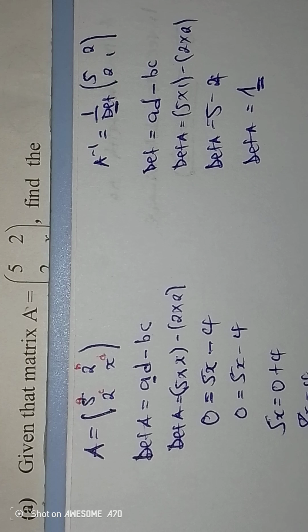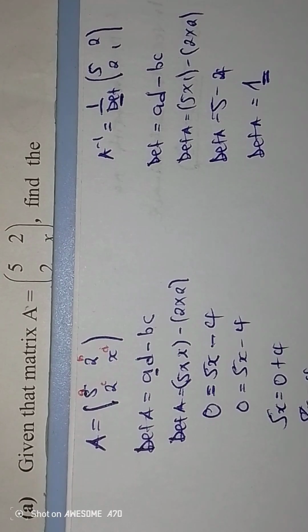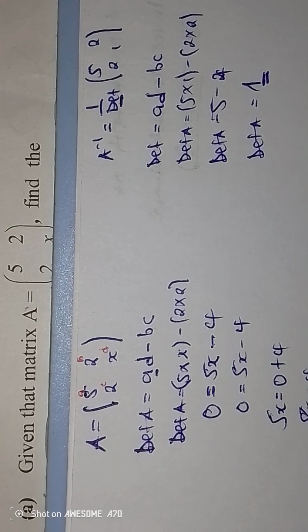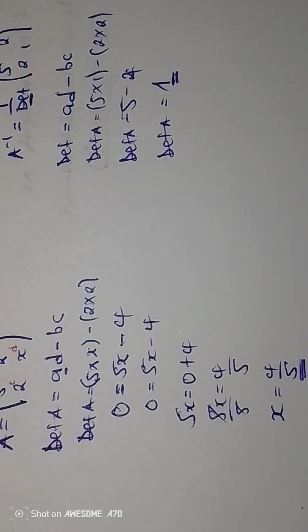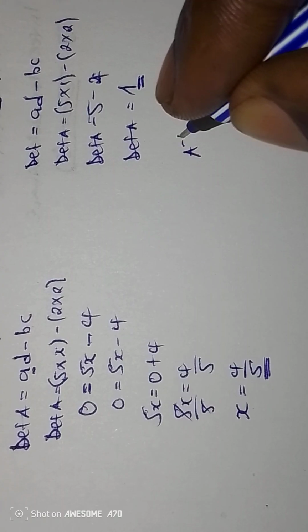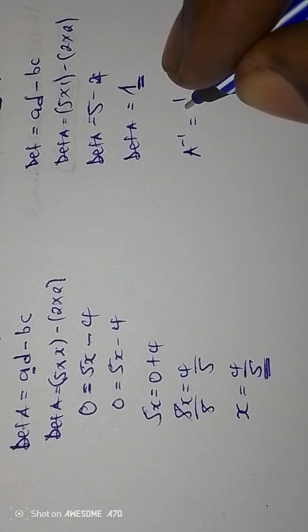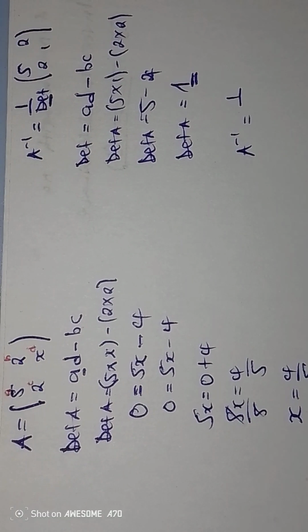After finding the determinant, you can now go ahead and make the inverse of that matrix. So we are going to say the inverse of matrix A is equal to 1 over the determinant. Remember we said it's 1 over the determinant.